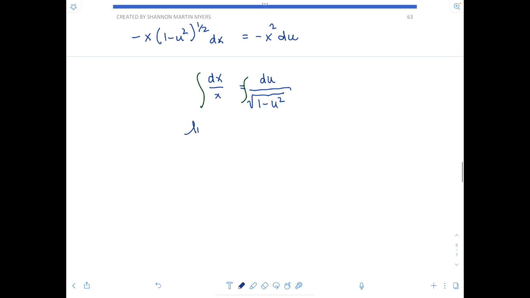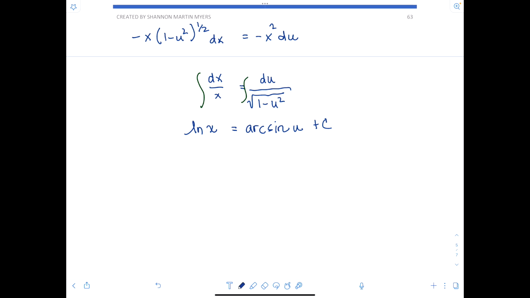So we'll have natural log. I don't need the absolute value for the x because x is greater than 0. That's going to equal, beautiful, arc sine at u over 1, which is u, plus our constant of integration. Isn't that cool?